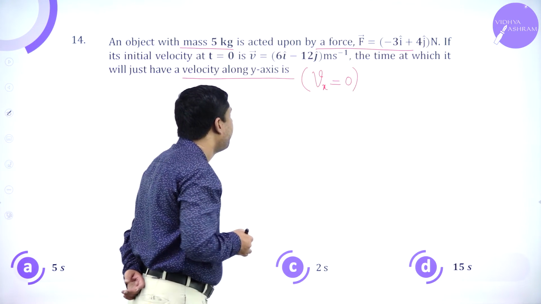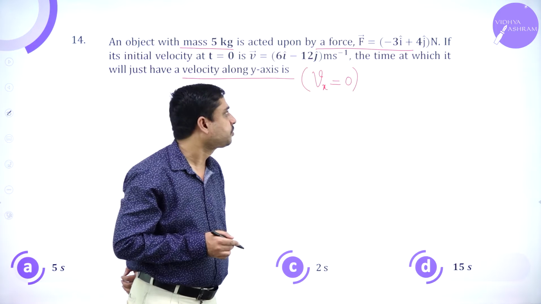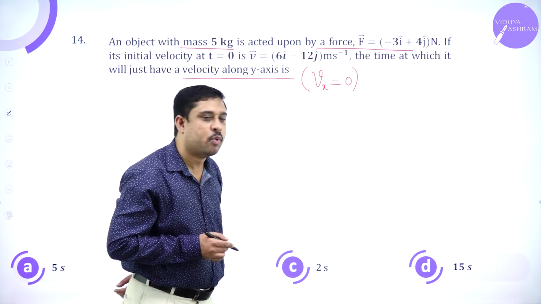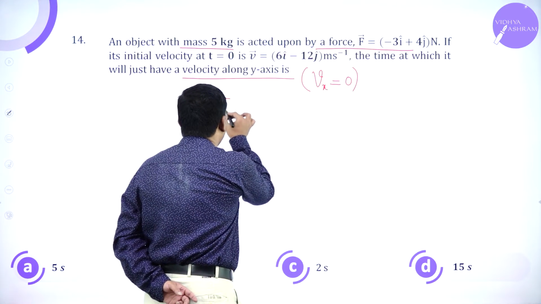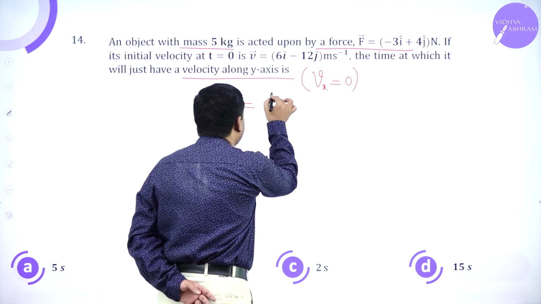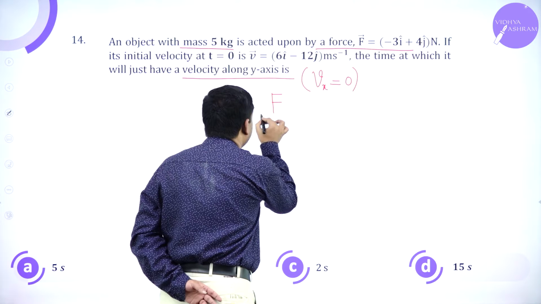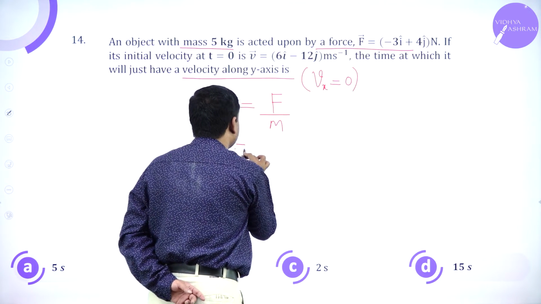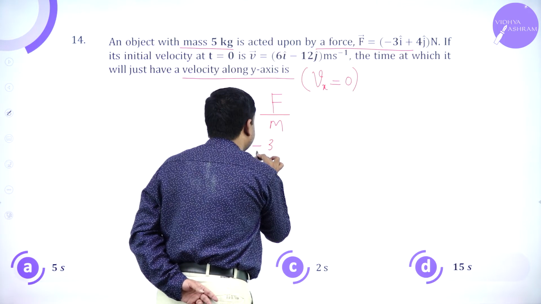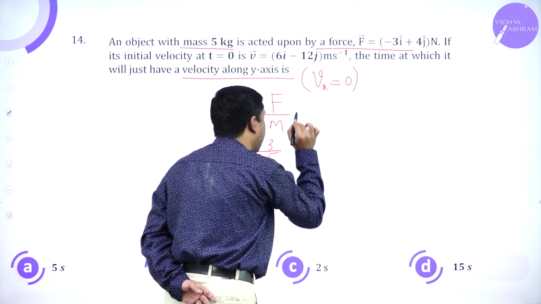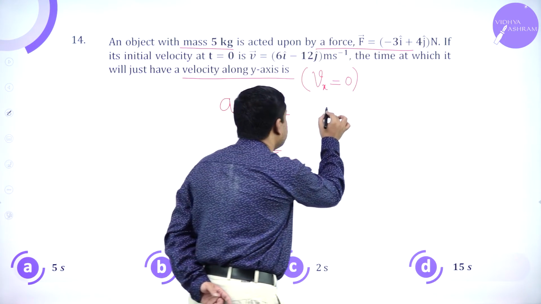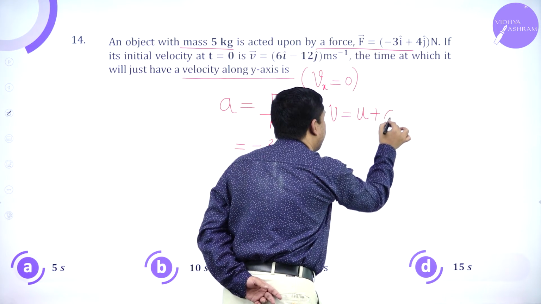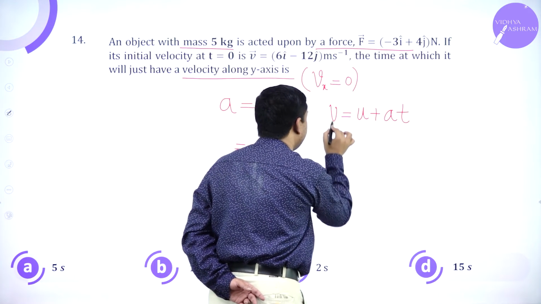For which, how do we do now? So first I calculate acceleration, which is F by m. So this is minus 3 by 5. So now v is equal to u plus at.